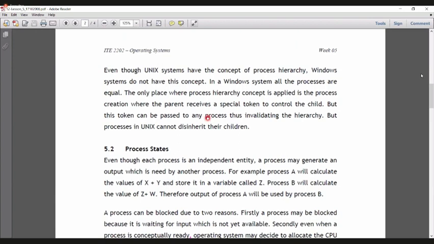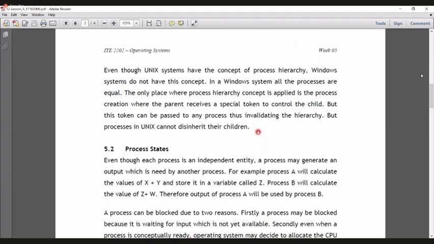For example, sometimes we kill processes. If you want to kill a parent process, you have to pass this token to another, right? Passing means you invalidate the hierarchy. But processes in Unix cannot disinherit their children. So that's the difference between the Windows and Unix implementations.